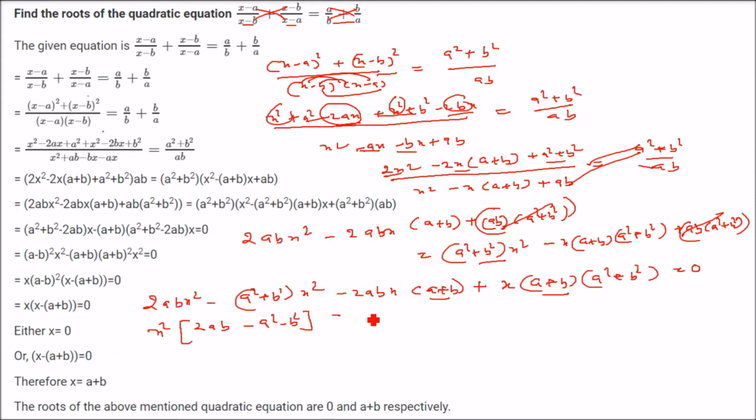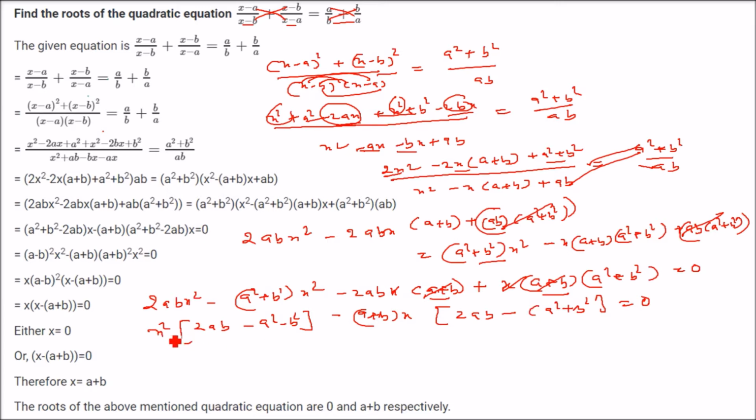Minus a plus b x common, a plus b into x. So a plus b x we have taken. So what will remain? This will be 2ab, and this will be minus, again minus, and if I take minus a plus bx common, it has to be minus, right? Minus a square plus b square.